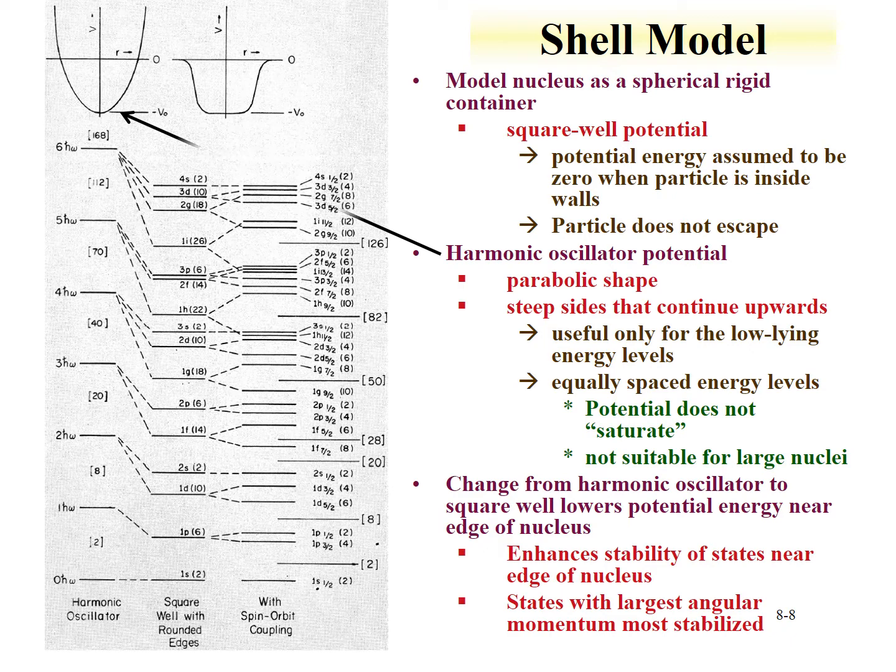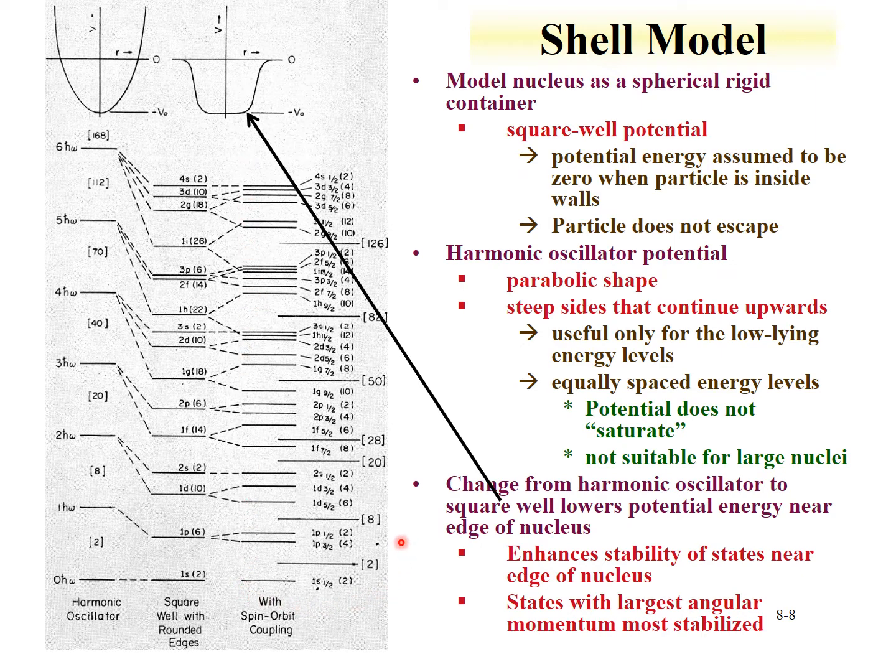By changing the nuclear potential to a square well with rounded edges, as shown here, we enhance the stability of states near the edge of the nucleus, and we see a lowering of the energies, we see a splitting, and then this splitting goes even further when spin-orbit coupling is applied.